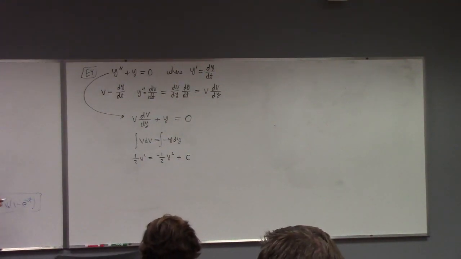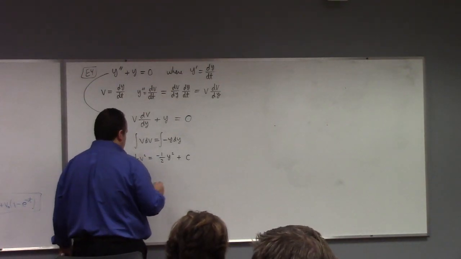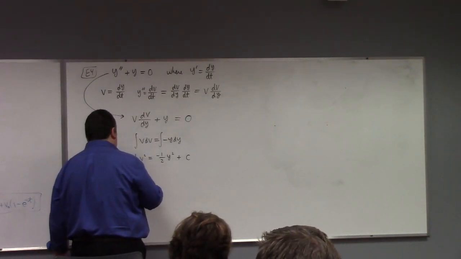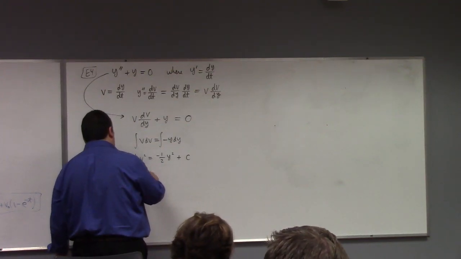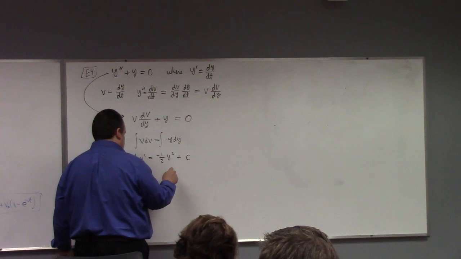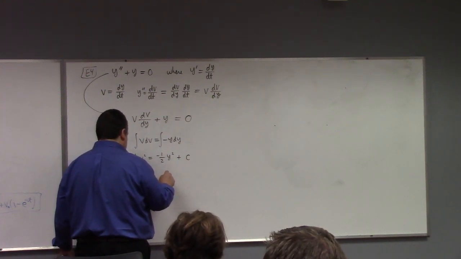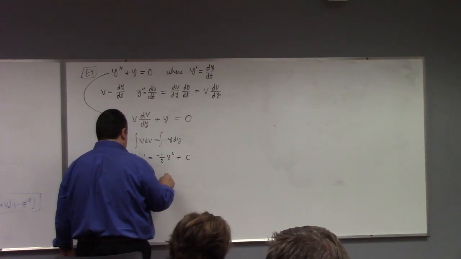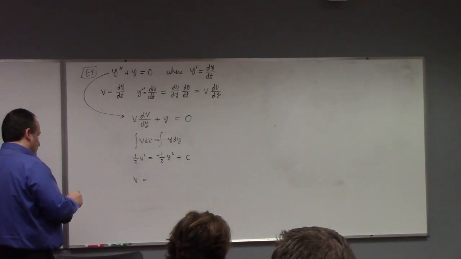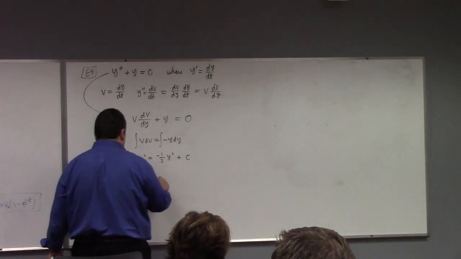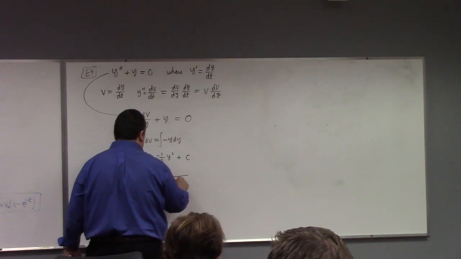And all right, great. So this gives me v squared. Well, v is equal to the square root of 2c minus y squared, I guess.